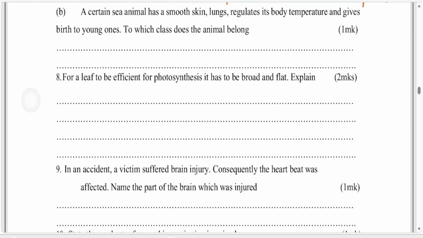A certain sea animal has a smooth skin, lungs, regulates its body temperature, and gives birth to young ones. To which class does the animal belong? So we know under the kingdom Animalia, we have 2 phyla that are taught between Form 1 and Form 4.